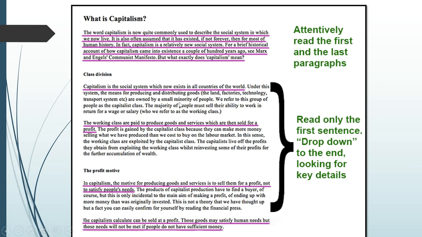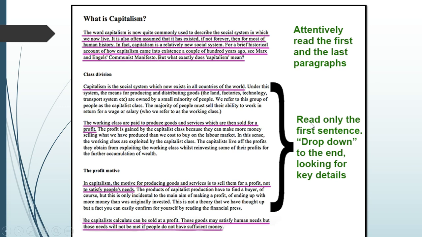You will see that it has five paragraphs. As I told you, the first paragraph has to be read attentively, and the last paragraph as well. For the rest of the paragraphs, you read only the first or second line, wherever the main ideas or controlling ideas are given.